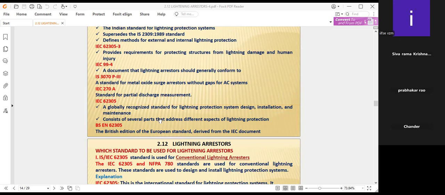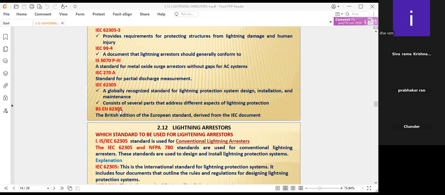It consists of several parts addressing different aspects of lightning protection. There are also British standard editions and European standards derived from the IEC document.